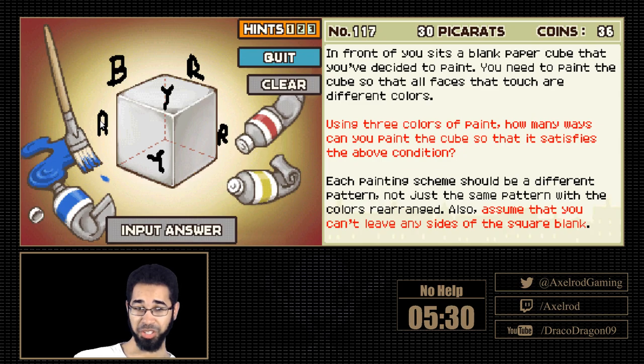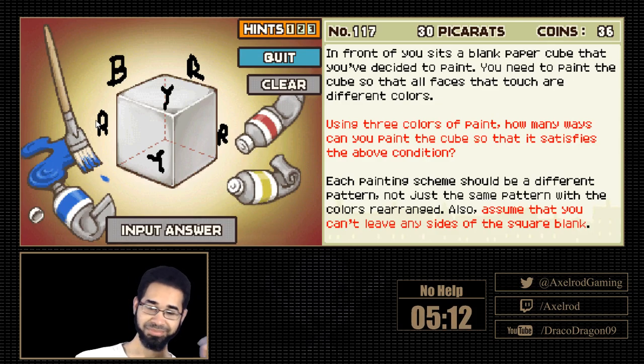That would mean there's only 3 scenarios, right? "30 picarats. Each painting scheme should be a different pattern, not just the same pattern with colors rearranged." Okay, glad I went to reread the puzzle.